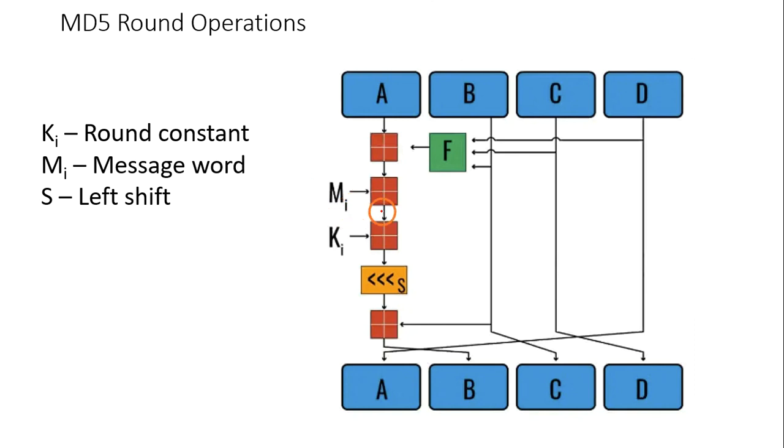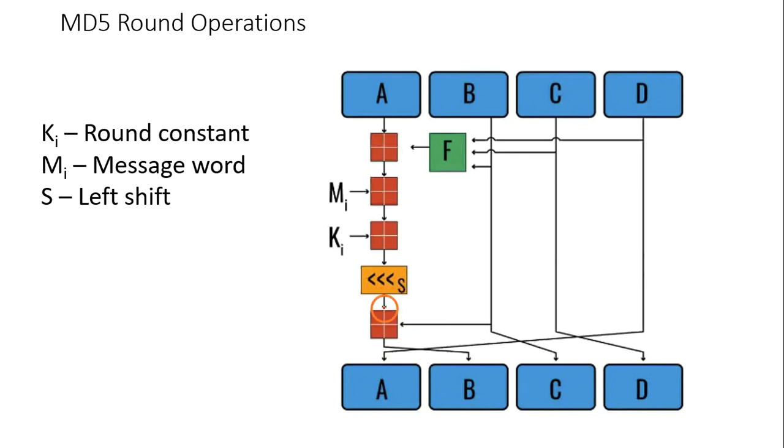The output of this addition is given as input to another addition operation where the other input is the round constant. Finally, the output of this addition is shifted left. Again, the number of left shifts done is different, and I am not going into the internal details, but some left shifts will happen here.